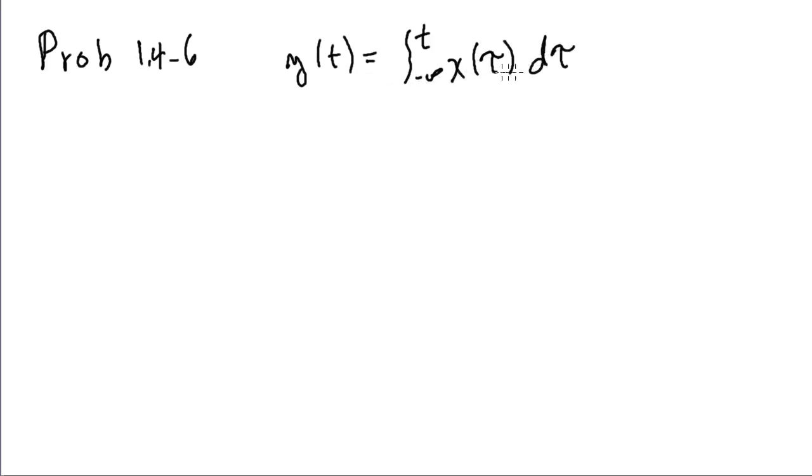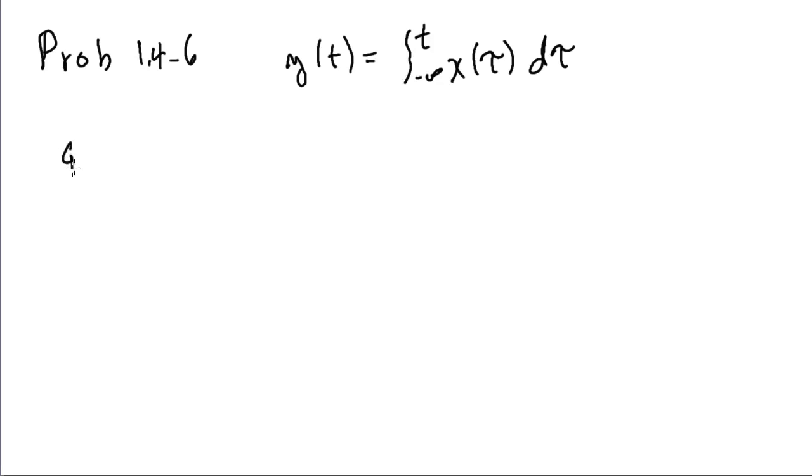This is what we'd see then as the output of an integrator. The output is a continuous function of time as well. What's a little confusing about these problems is that the upper limit of integration in this case is a function of t. So we have to keep evaluating this integral as t changes.